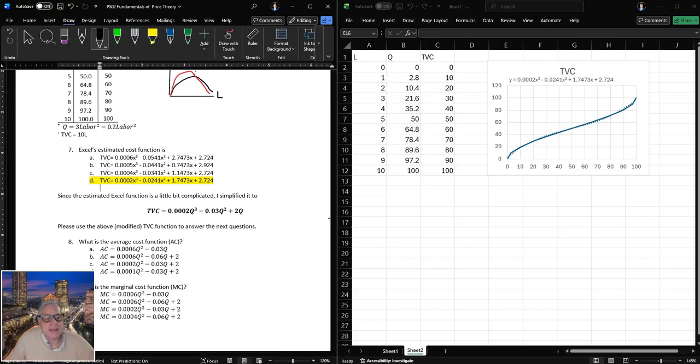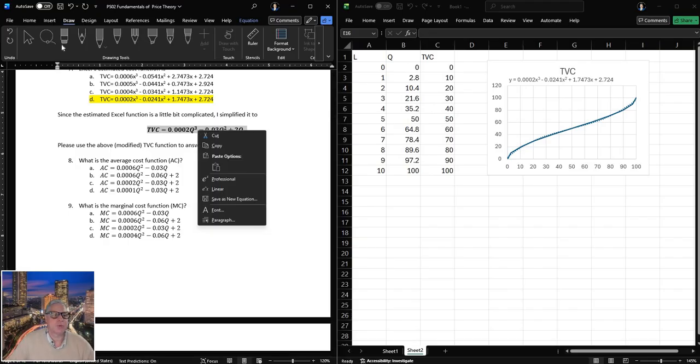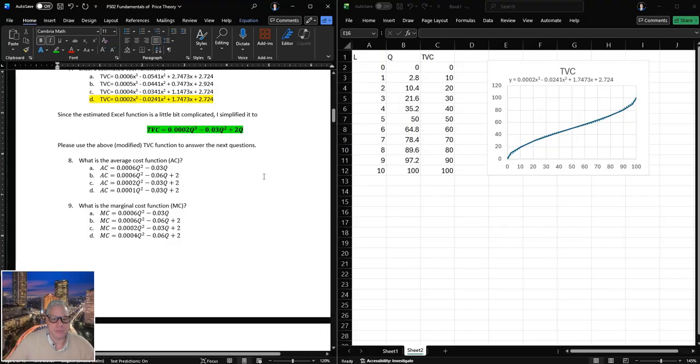So what I did for the next question, I simplified it a little bit. I used this formula and made it a little bit easier. And we can just work with this one now. So maybe this one. So the green one is what we work with.